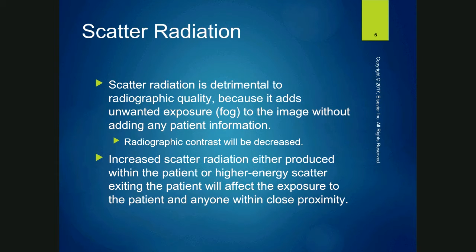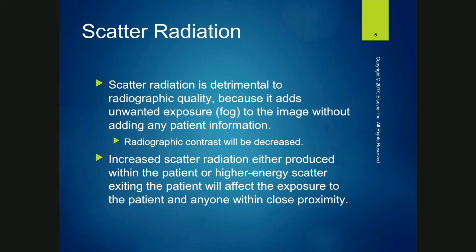It looks like when you look outside your window in the morning and it's foggy outside. Everything just looks gray and washed out and you can't make things out. That's what scatter does. It says increased scatter radiation is either produced within the patient or high energy scatter exits the patient. Okay, yeah. It either exits or it gets absorbed within the patient.